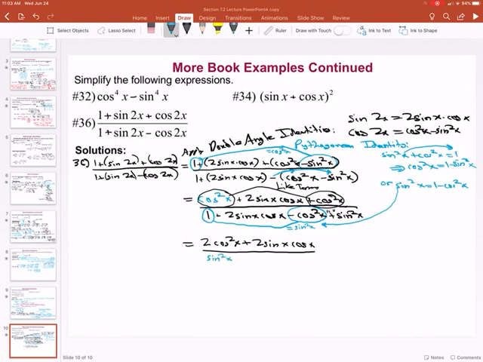And we still have the plus 2 sine x cosine x plus the sine squared x. Again, we have like terms. Let's add those up.